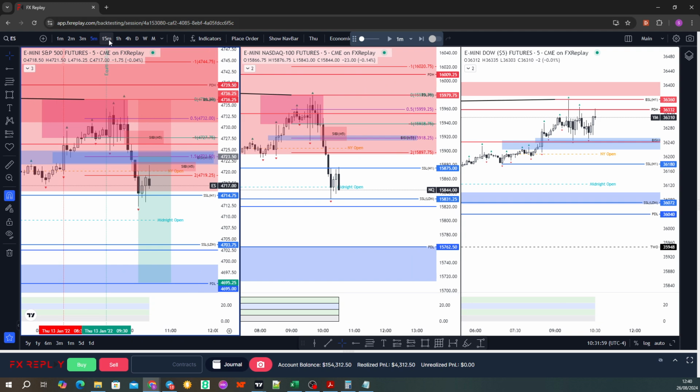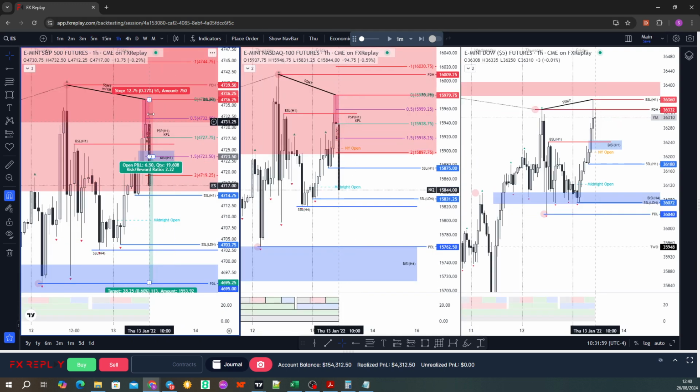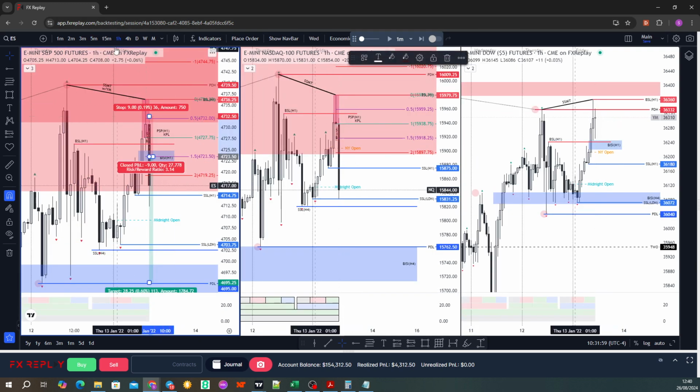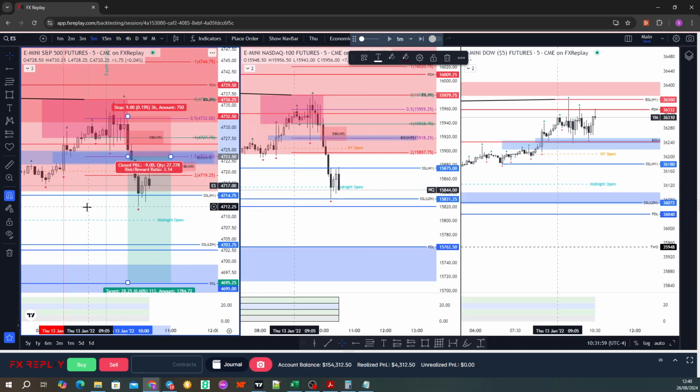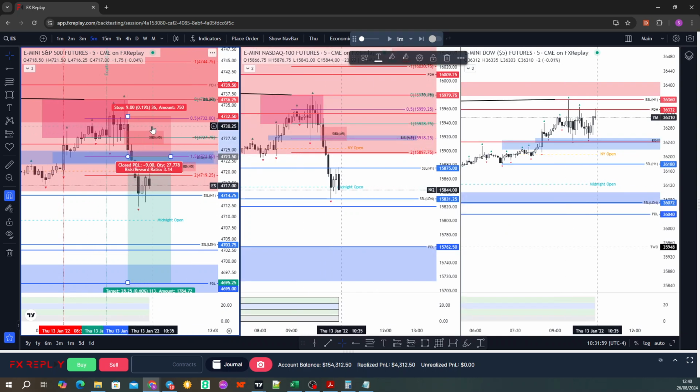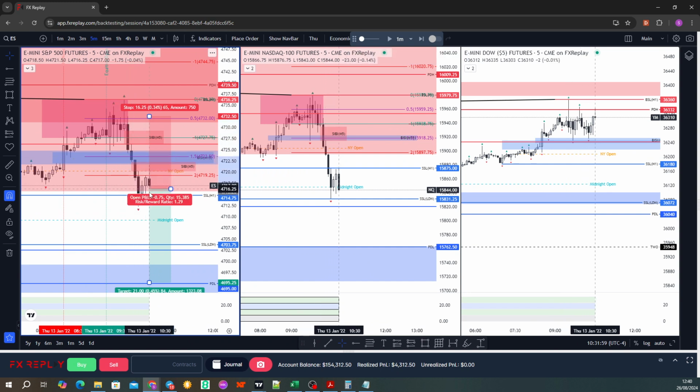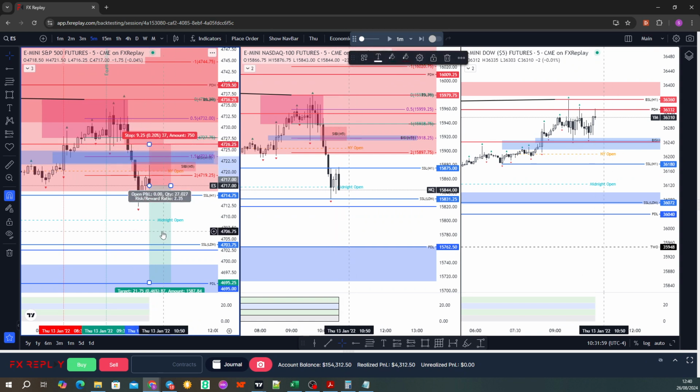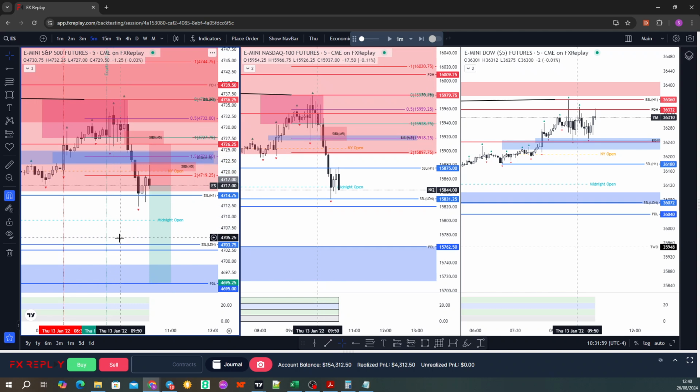Yeah, this is, let's have a look. If we were to get in here, we'd be looking at that there, and looking at that there. If we were to get in from there, price could trade higher.